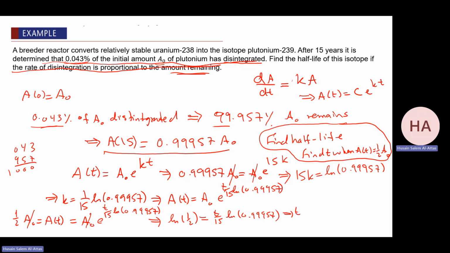So T is what? T will be 15 ln half over ln 0.99957. Matter of calculation. That will give me the answer, that will give me the time. Yeah, you can do it by the calculator.